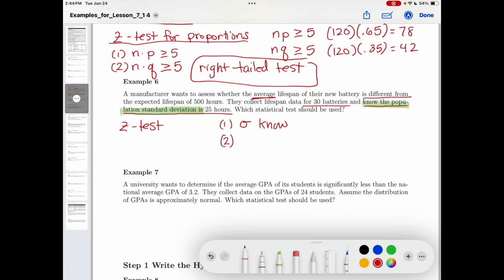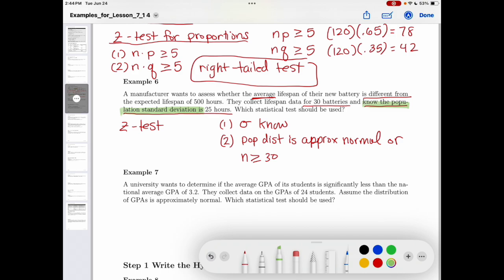And the second condition is an or statement where you just have to satisfy one of them: the population distribution is approximately normal, or the sample size has to be greater than or equal to 30.